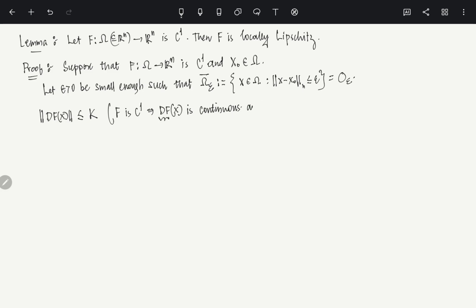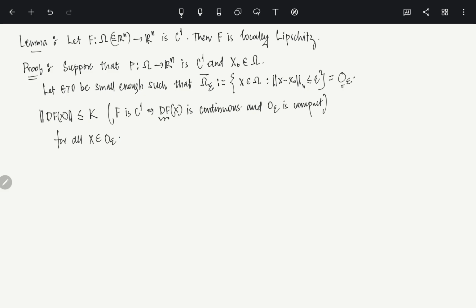And you see this O epsilon, this set is compact. So this holds for all x in O epsilon.